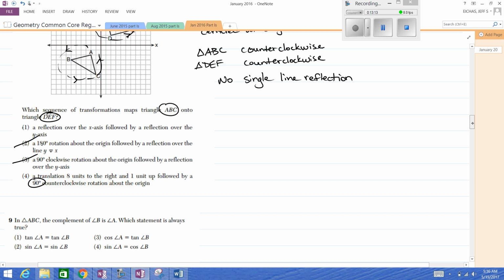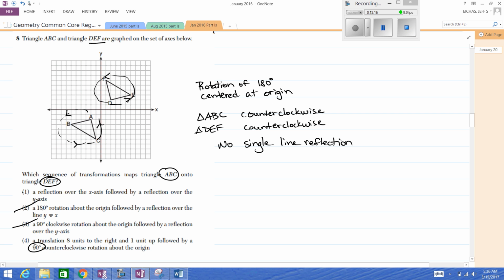Now, a reflection over two lines. This is one of the standards that we had gone over. When you reflect over two lines, we take A up to here. That's A prime, B prime, and C prime. What you have right there is the reflection over the x-axis. And then if we go again over the y, that's looking pretty good.